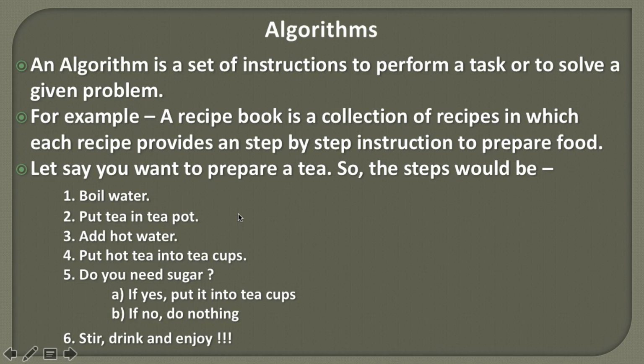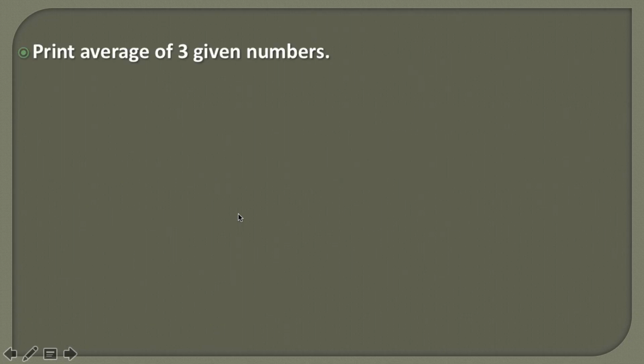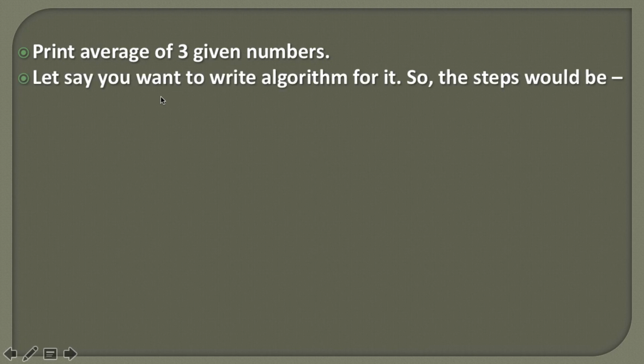So here let's take an example that we want to print the average of 3 numbers. We are given 3 numbers and we want to print the average of them. Now let's say you want to write an algorithm to solve this problem. The steps you would provide would be: first, perform the sum of 3 numbers.